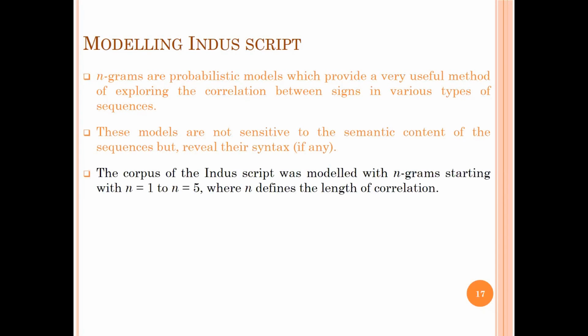The corpus of the Indus script was modeled with n-grams, starting with n equal to 1 to n equal to 5, and this n defines the range of correlation. So we modeled the Indus script with n-grams from 1 to 5.